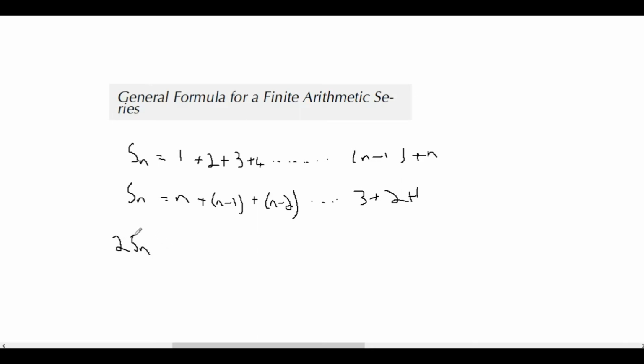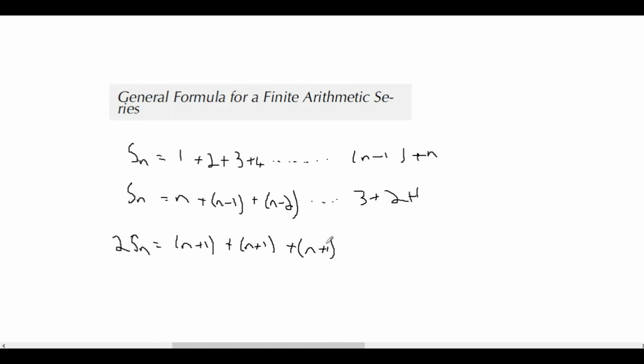And 2 Sn is now going to equal 1 plus n, or another way of writing that is n plus 1. And then 2 plus n minus 1, minus 1 and 2 makes plus 1, so this will be again n plus 1. And this continues because we have n minus 2 plus 3, which is the same as n plus 1.